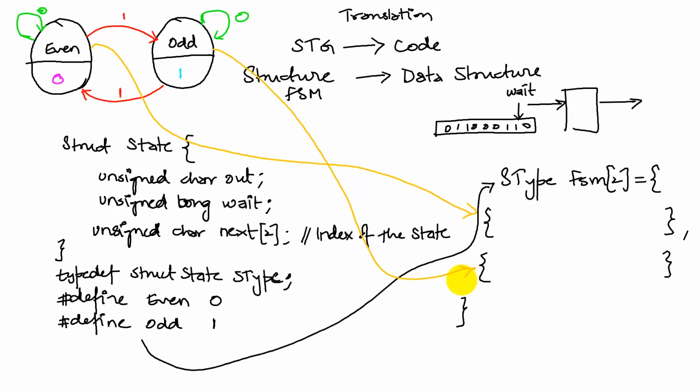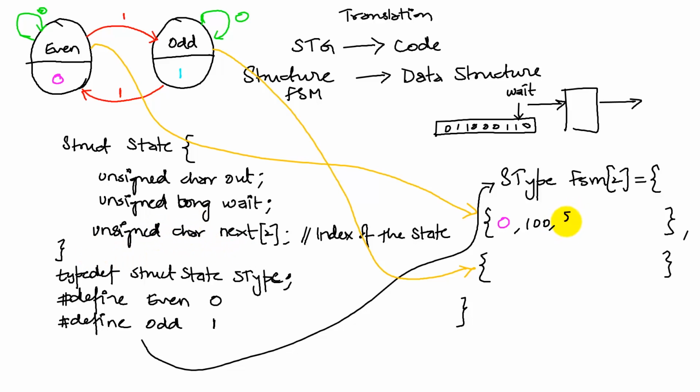With respect to even, the output I will produce is going to be a 0. And since we have a wait of certain time, I'm just going to give a number here for now. I'll put a number 100, and we'll see how this gets used. My third attribute for my state is an array.